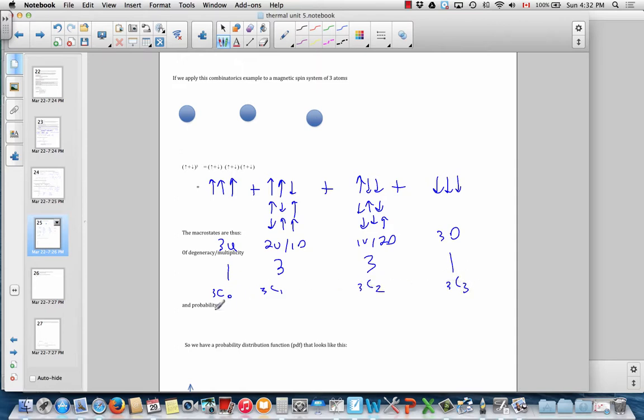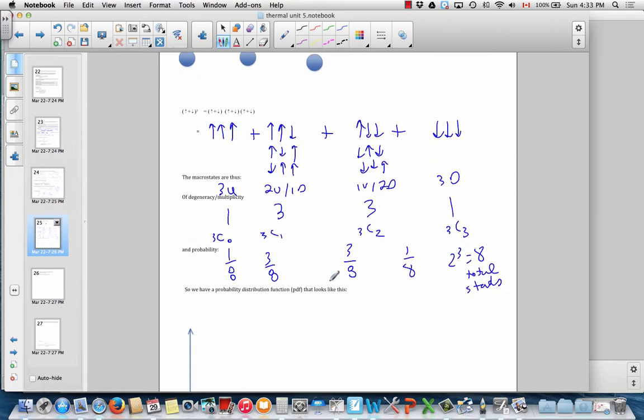And for the probability, we would say that you see there's 8 possible outcomes there. So this is 1/8, 3/8, 3/8, and 1/8, because 2 to the 3 is 8 total possible states or outcomes.